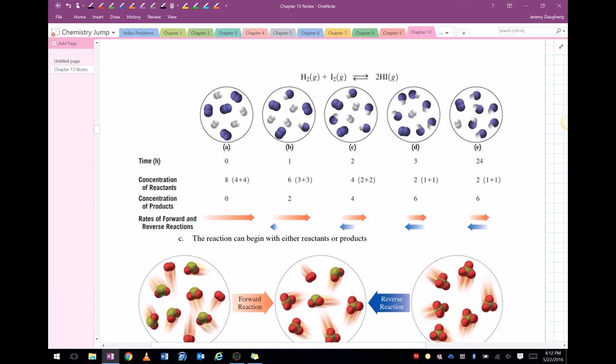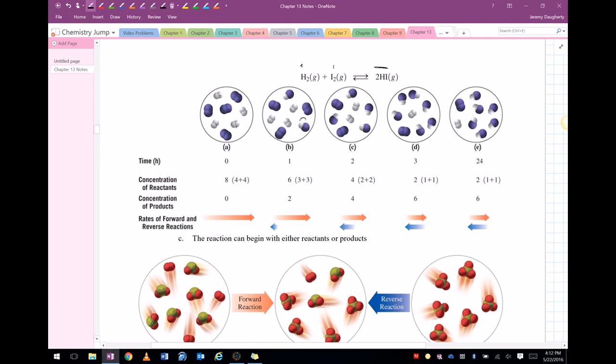So here, let's take a look. We have hydrogen and iodine, and we're going to form hydrogen iodide. Here you can see we have 1, 2, 3, 4 hydrogens, 1, 2, 3, 4 iodines, and the forward rate, you can see by the large arrow, which is a large vector arrow, that's pretty big.